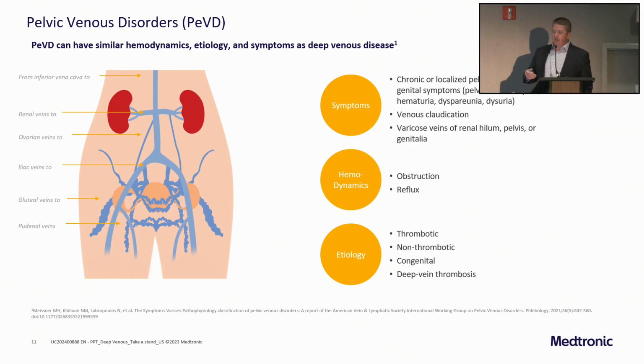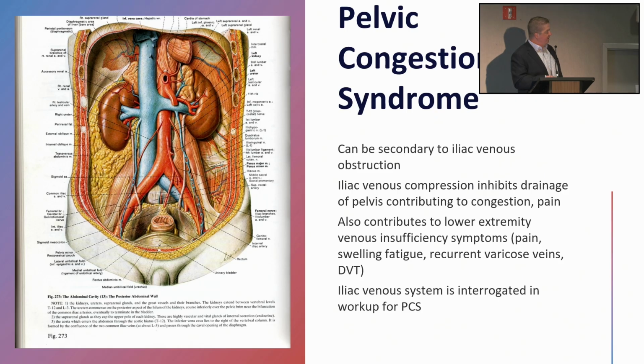It can be caused by either the gonadal veins refluxing and the valves wearing out in those, or you can get an iliac venous obstruction causing impaired return of the flow out of the internal iliac veins into the common iliac veins and back up to the heart through the inferior vena cava, because of the obstruction and reflux. And so this can cause pain, heaviness, fatigue, painful intercourse, heavy periods.